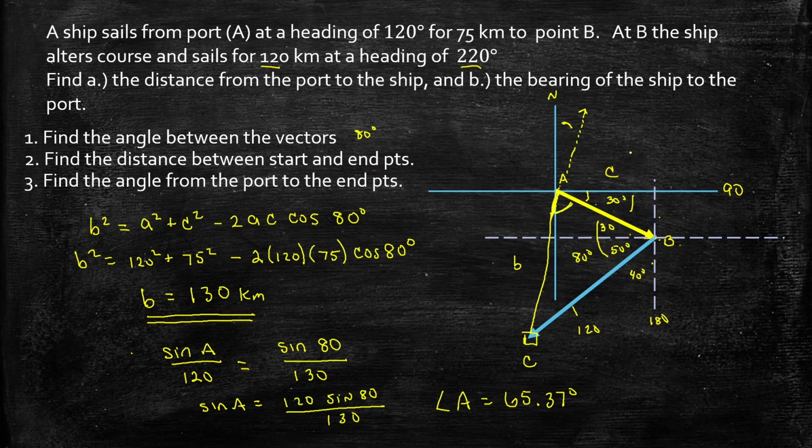And now this is what I was talking about before, translating this back into vectors. If I was here and I wanted to tell my pilot or shipmaster which direction to travel, well, if this is 65 and this is 30, if I add them together, that gives me 95.37.